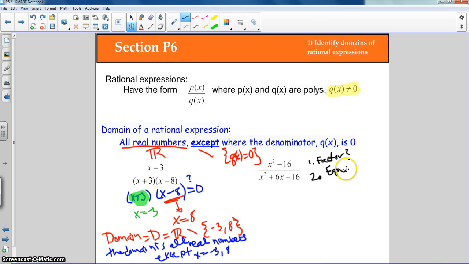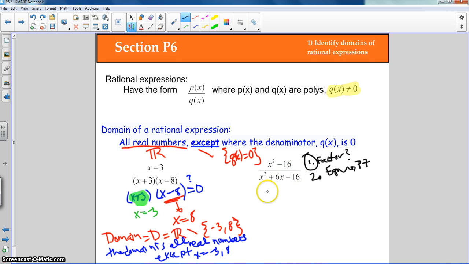And for this part, you actually want to go into section P7 and look, where we actually solve quadratic and possibly linear equations too. So please take a look at that. But for right now, most of ours are all going to factor. If for some reason it doesn't, then we can go to step 2.